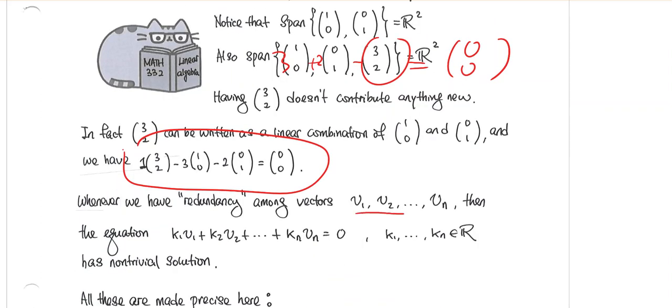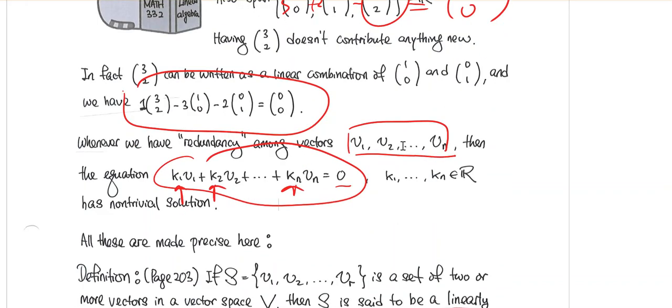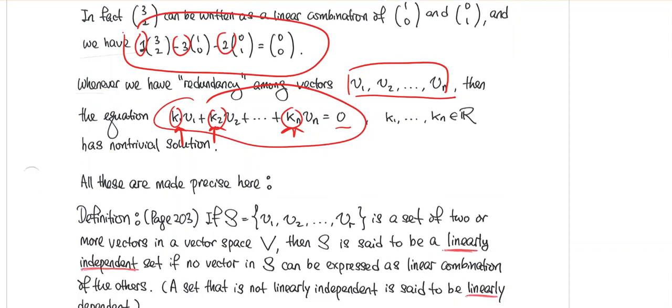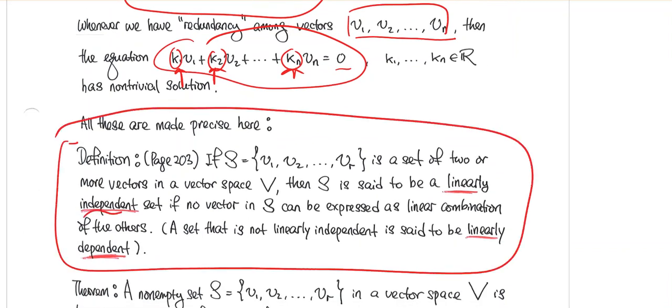If we have all these vectors, you always set it up with the zero vector on one side and constants k on the other, and you try to solve the system. This system always has a solution, which is all of the k's being 0. But if you can find non-zero solutions like this, then we will say, hey, there's a redundancy in this set of vectors. Some of them are actually not needed because they are a linear combination of the others. And that gives rise to the definitions of linear independence or linear dependence of a set of vectors.